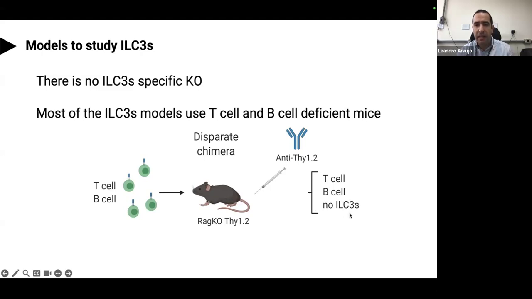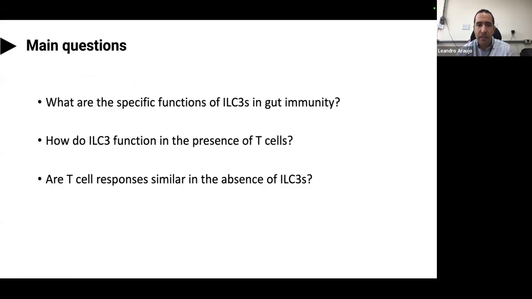Many of the papers say that, but basically they don't have the other ILCs either, right? Because they express, as I showed you before, the Thy1.2 marker. So we don't have many specific models.